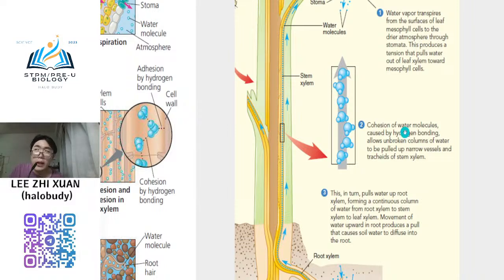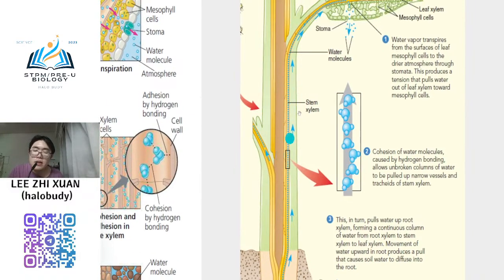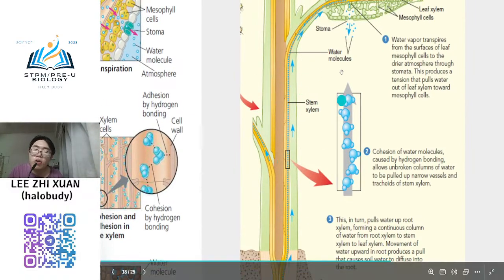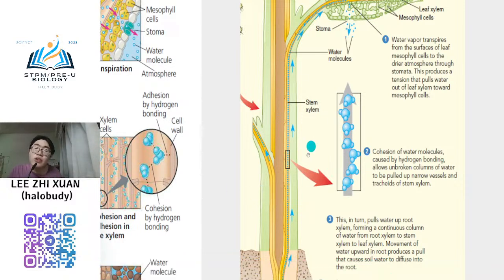Although you already forgot, maybe chemistry you still remember. Hydrogen bond is one type of bond stronger compared to the covalent bond, right? So hydrogen bond is strong, so they will have the cohesion force and also adhesion force inside your stem. So this is what we call the cohesion-tension theory.